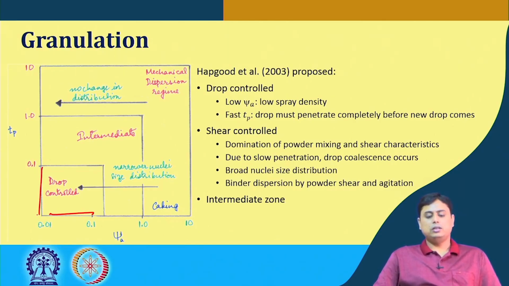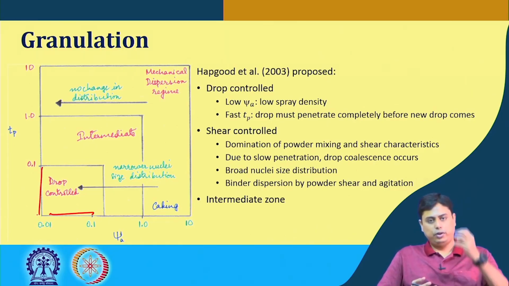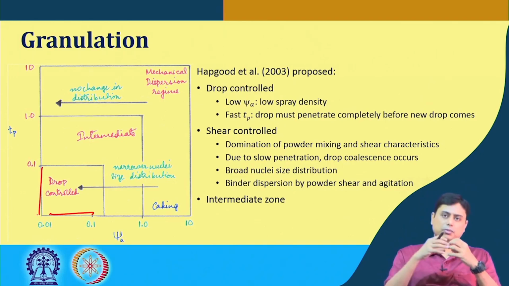The other one is called the shear controlled mechanism, where there is a domination of powder mixing and shear characteristics, and due to slow penetration, droplet coalescence increases. Before it sinks, another drop comes.